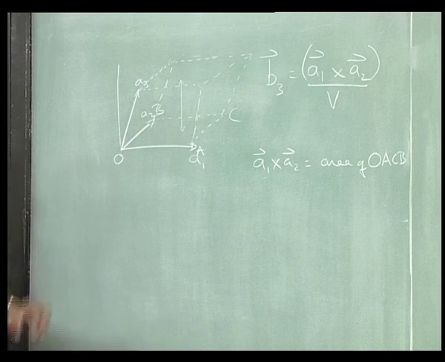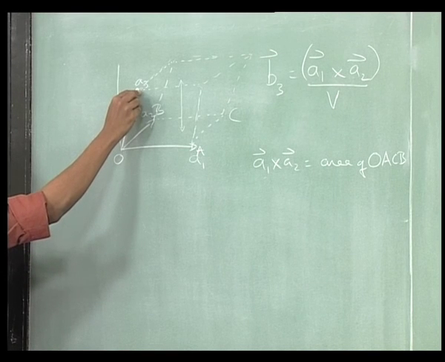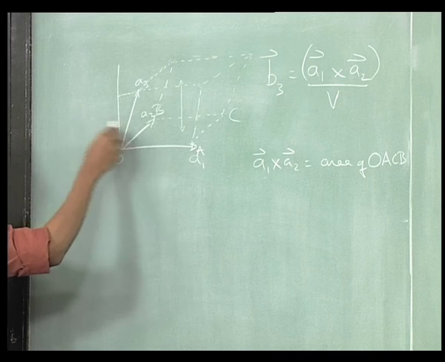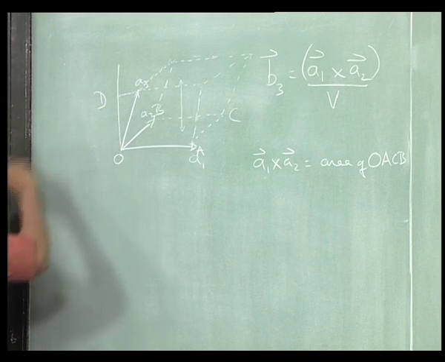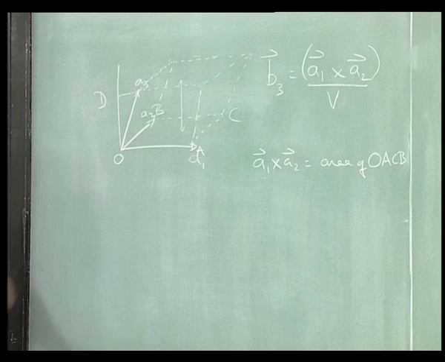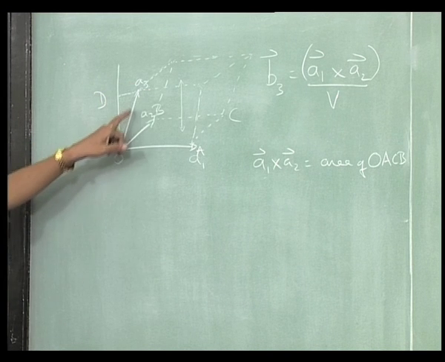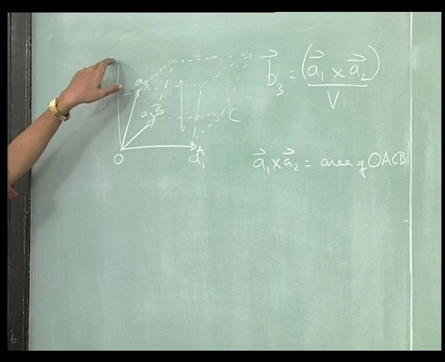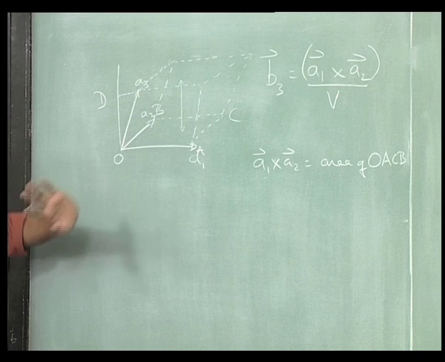So the height is simply, this is A, B, C, so let us call this D, OD. OD is the height of this unit cell, and it is simply the projection of A3 on the axis which is perpendicular to A1 and A2.